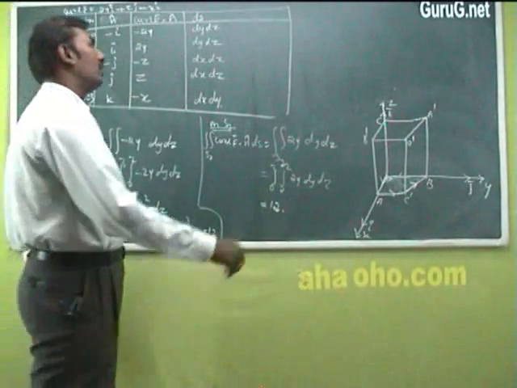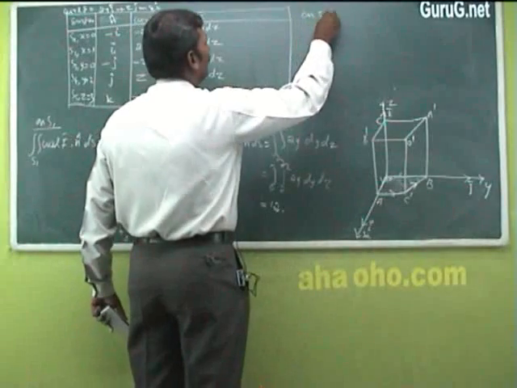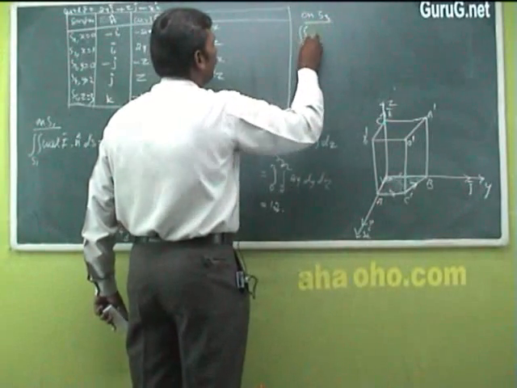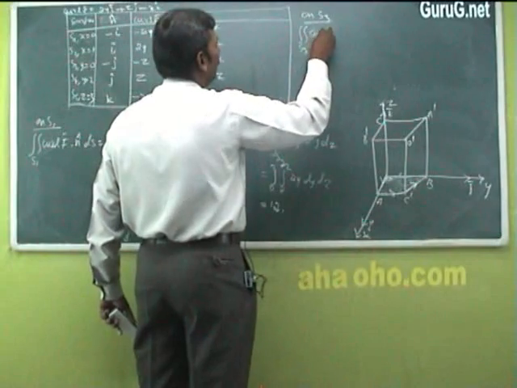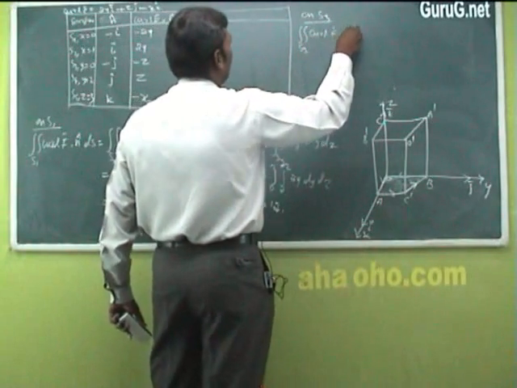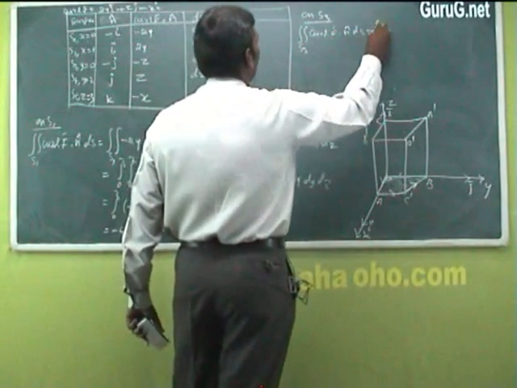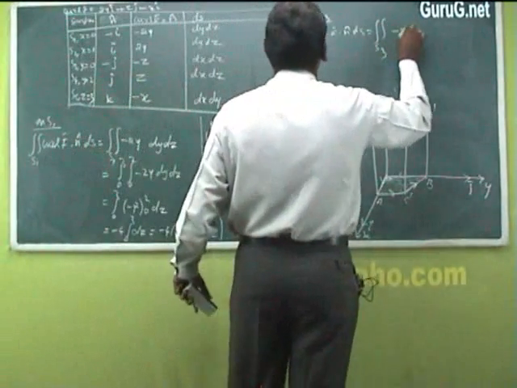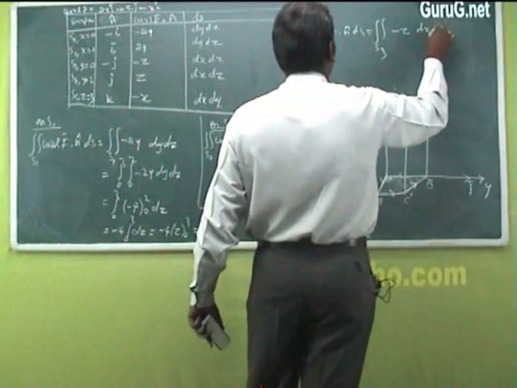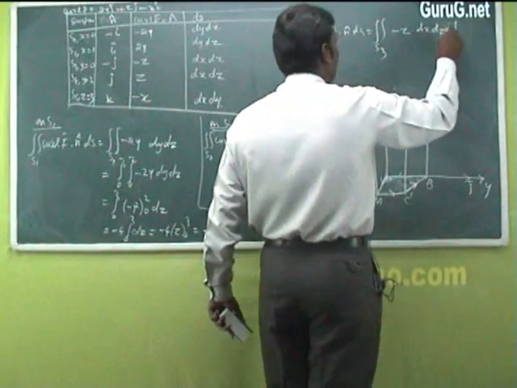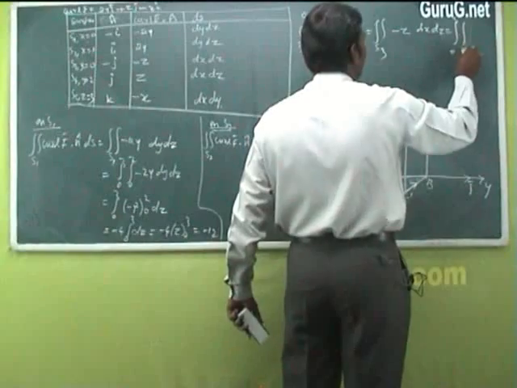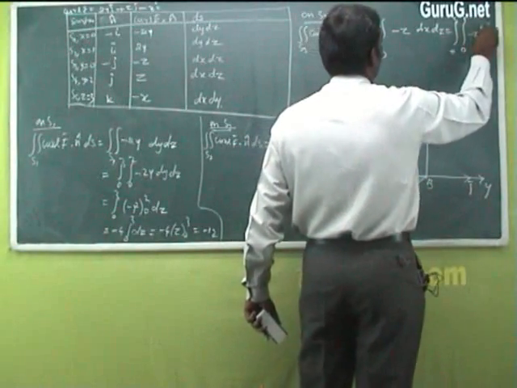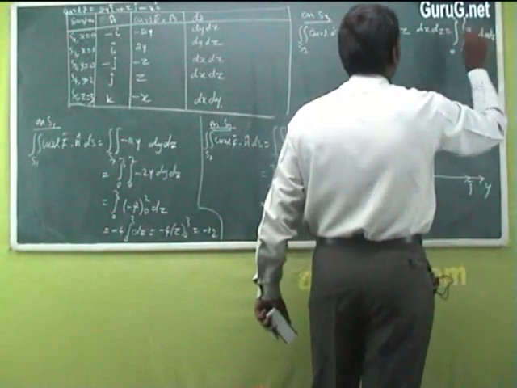On S3, double integral over S3 curl of F dot n cap ds equal to, on S3 another minus z dx dz, and then z varies from 0 to 3 and x varies from 0 to 1 minus z dx dz.